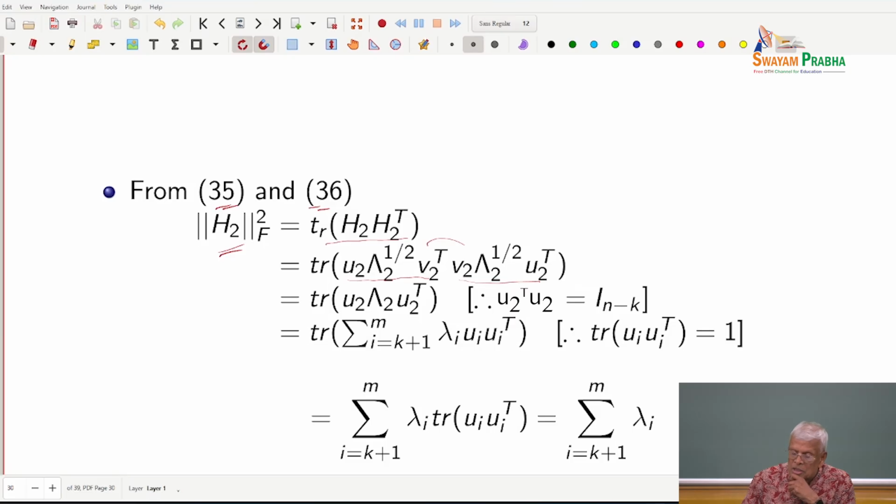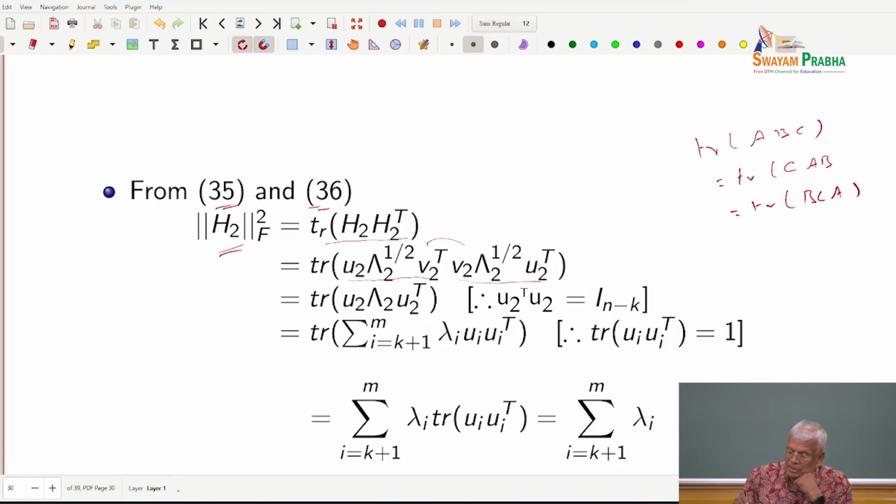And we also know the trace of ABC is equal to the trace of BCA. I'm sorry, I made a mistake. The trace of ABC is equal to the trace of CAB, which is equal to the trace of BCA. That's right, it is a circular shift.